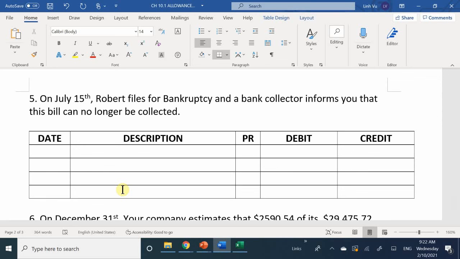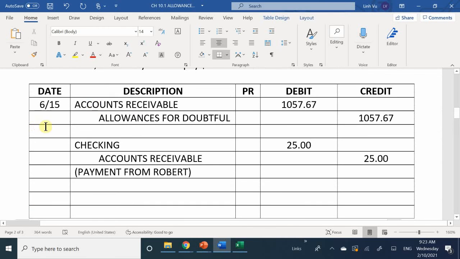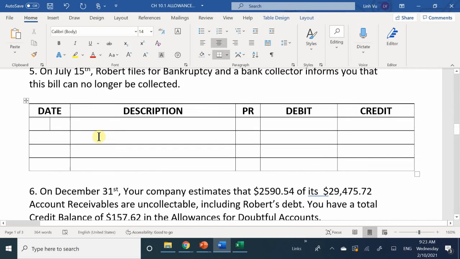Allowance for doubtful accounts. Yes, you need to place them into the deactivated accounts, right? Obviously, in this case, because remember, we reactivated him up here because he was showing tendencies that he will potentially pay. But now that we for sure know he's not going to pay anymore, and you got a bank calling you saying he ain't going to pay anymore, then that's where you say, okay, well then it's during the period.